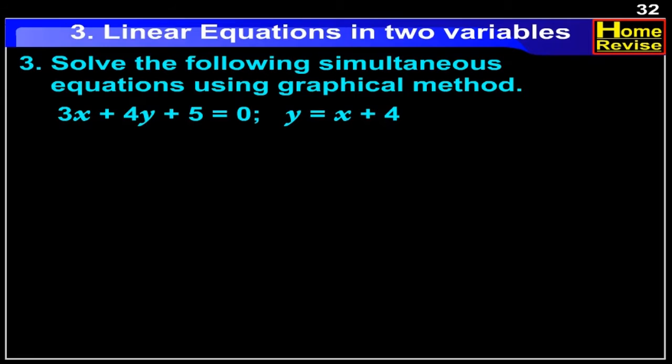Number 3x plus 4y plus 5 is equal to 0 and y is equal to x plus 4. That is, 3x plus 4y is equal to minus 5 and x minus y is equal to minus 4.